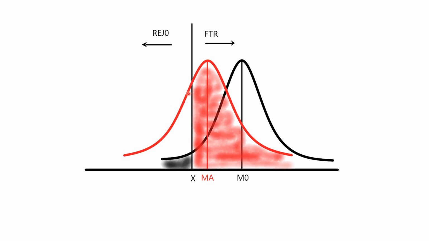So when we use the z-table for getting a z-score here for the beta, for the alternative, and then get the area under the curve, it will show us this region. The red shade is our beta, and the non-shaded area under the red curve is our 1 minus beta.